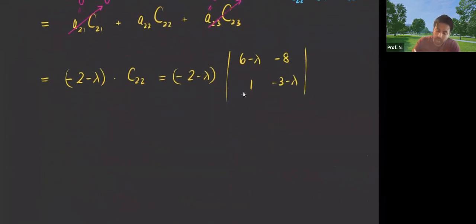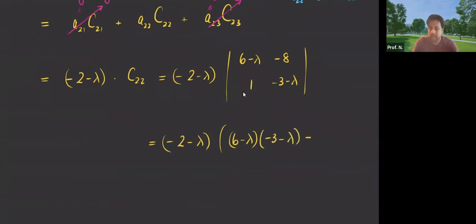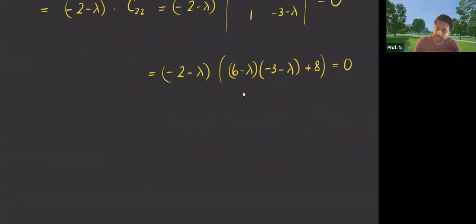And then we have a 2 by 2 matrix that I can find the determinant of. This becomes 6 minus lambda times -3 minus lambda minus -8 times 1, which is +8. Again, this equals 0 the whole time. And this is -2 minus lambda.